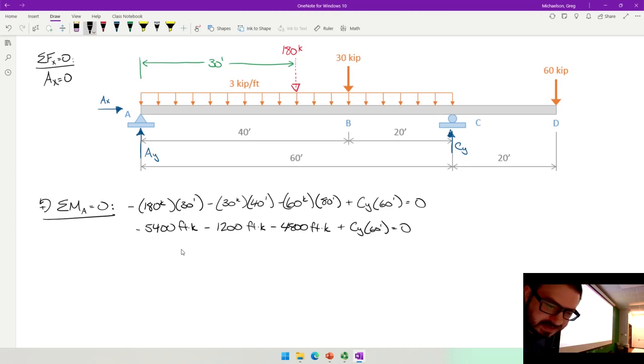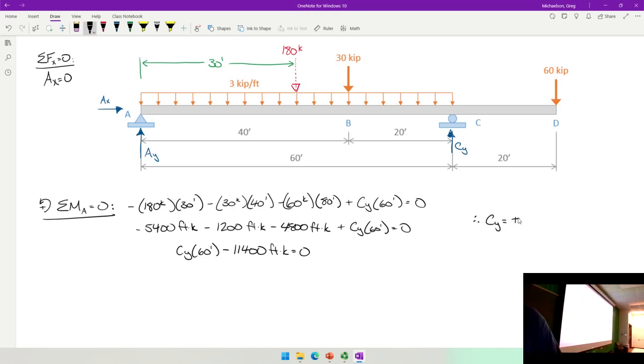And so that's going to be CY times 60 minus, so we've got 4,800 and 1,200, that's 6,000, 6,000, and that is 11,400. Therefore, CY is, I don't think I can do that one in my head. What's 11,400 divided by 60?